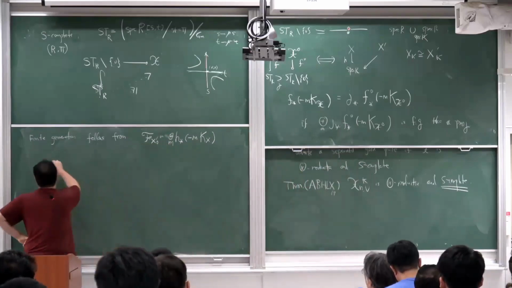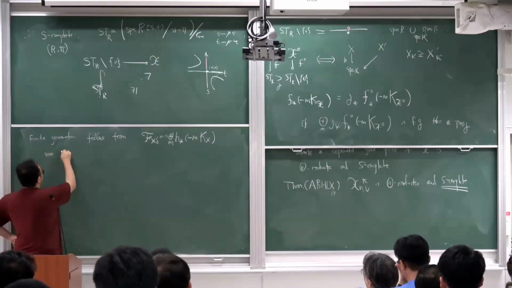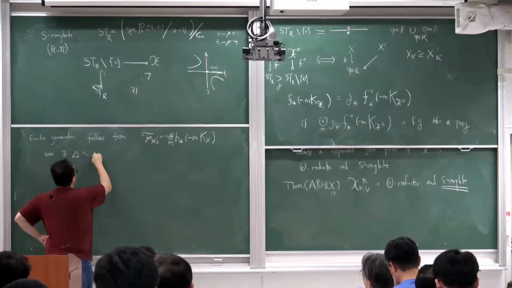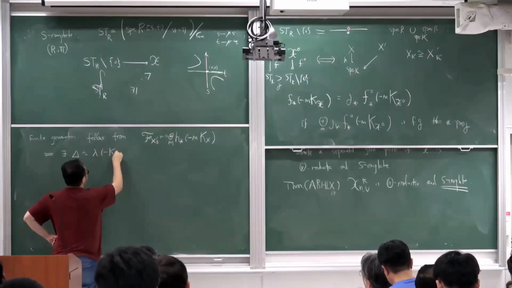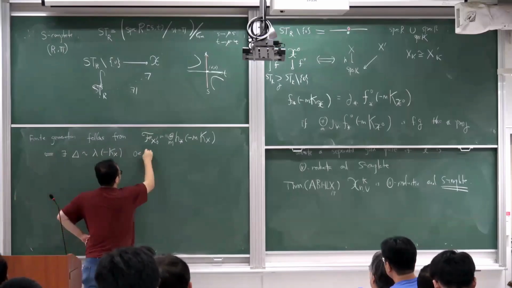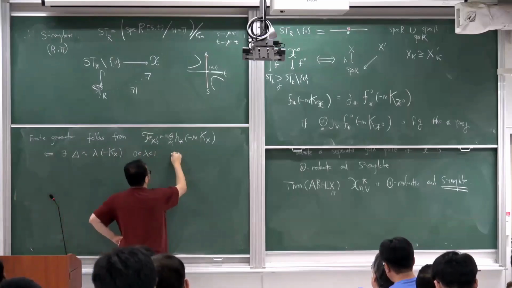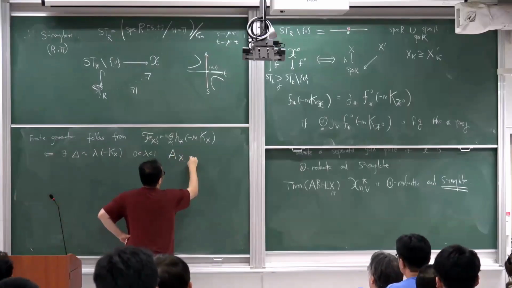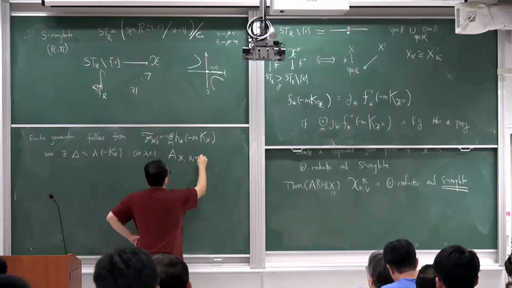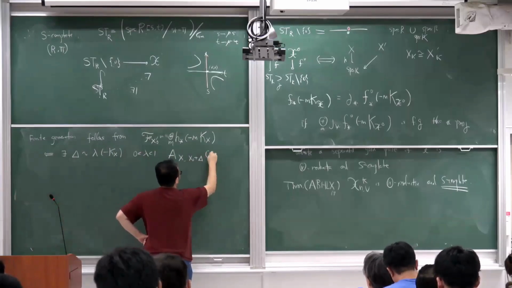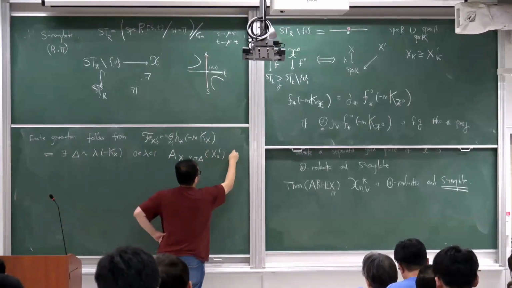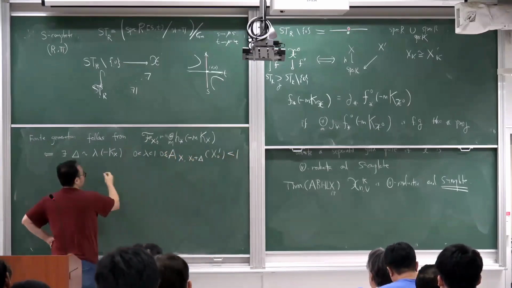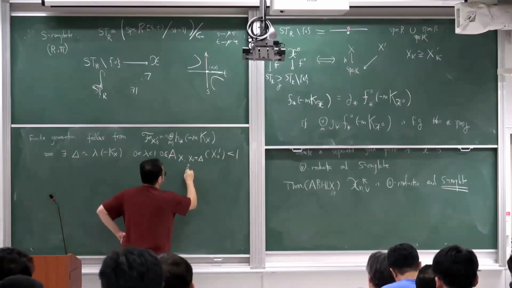And this is implied by the fact that there exists a delta linearly equivalent to lambda minus kx, with 0 < lambda < 1, such that the log discrepancy of the pair x0 plus delta of x0 prime is between 0 and 1. So this pair is log canonical.